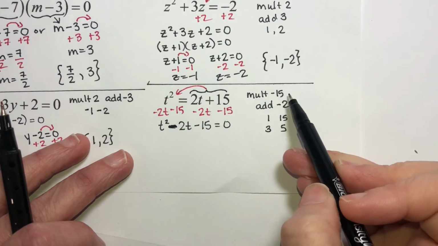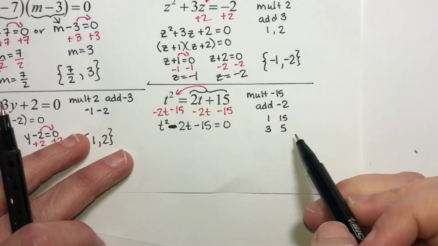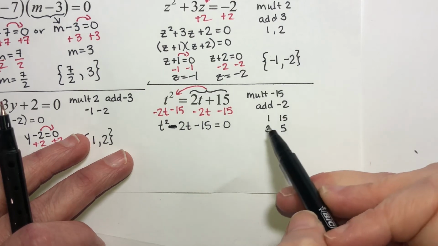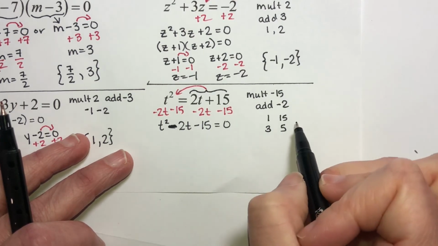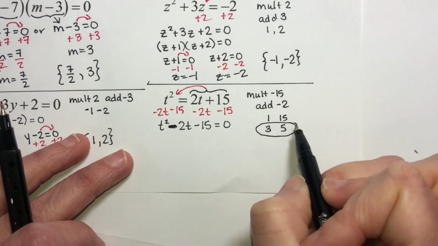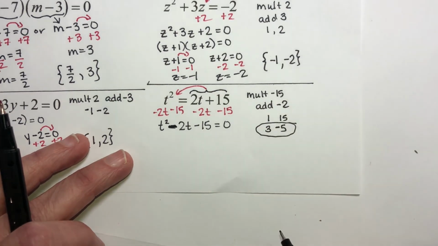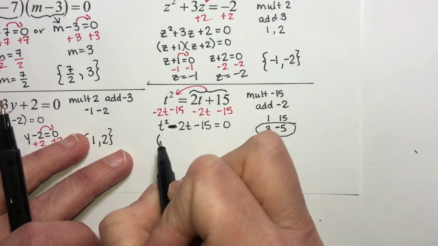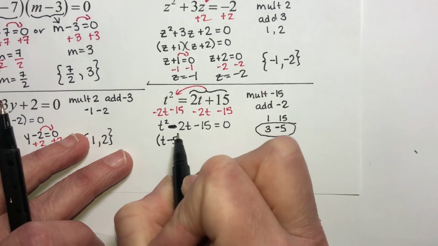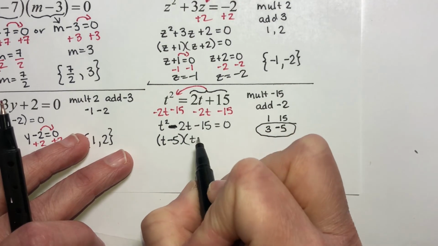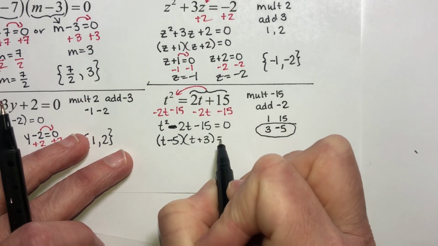I need them to multiply to a negative number, so one of these needs to be negative. And if I think about adding a positive and a negative, I can get a 2 out of this by making the 5 a negative. So this will factor as t minus 5, t plus 3, equal to 0.